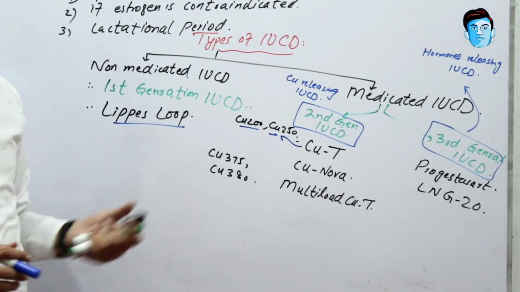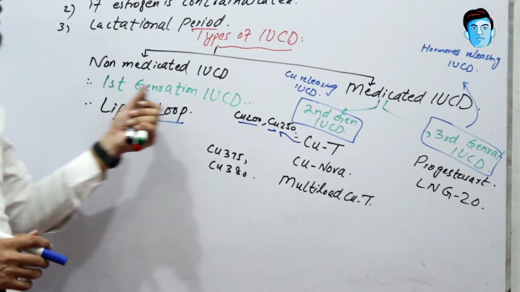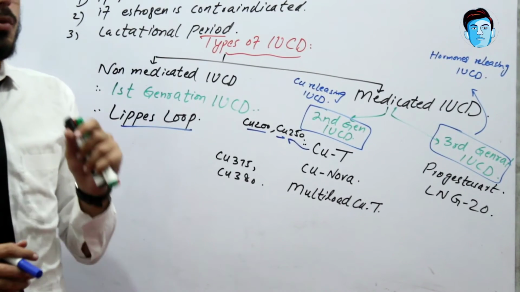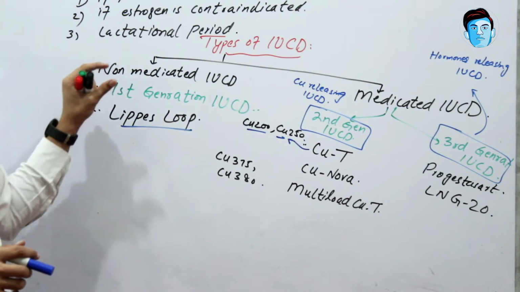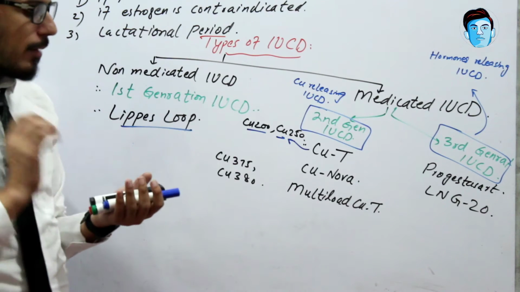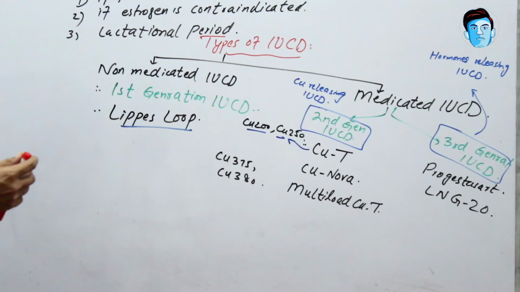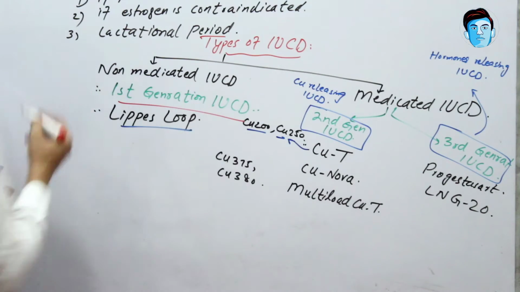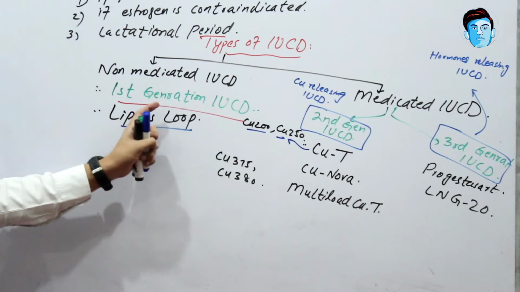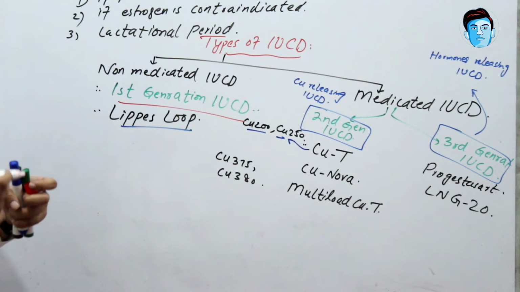Now what is the main mechanism of action of each IUCD? Let's focus more toward the mechanism of action of each class of IUCD. If I talk about the mechanism of action more specifically for first generation IUCD, what is the main mechanism of action, that is, how does it prevent pregnancy?